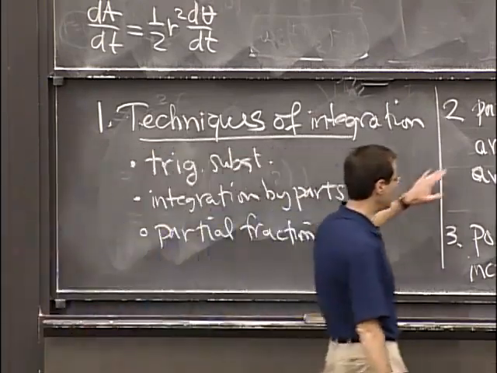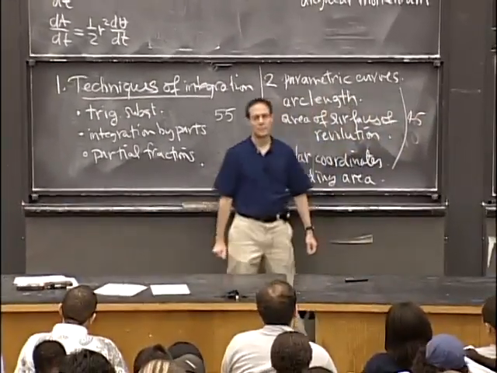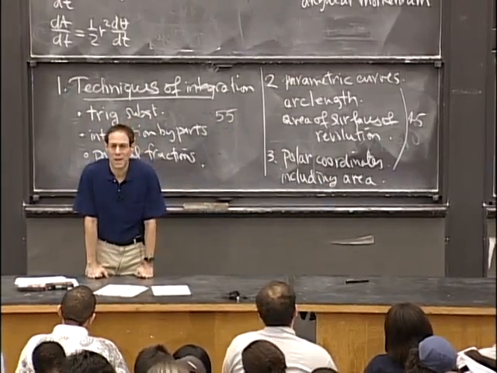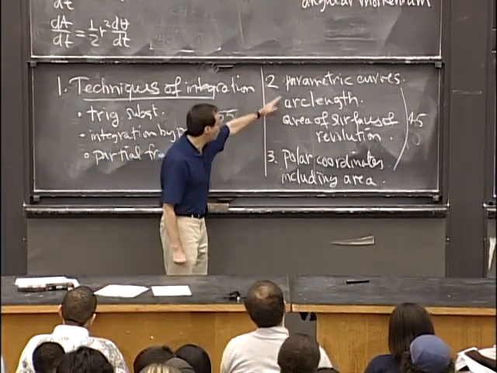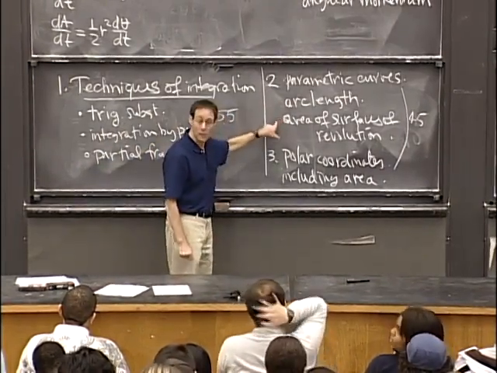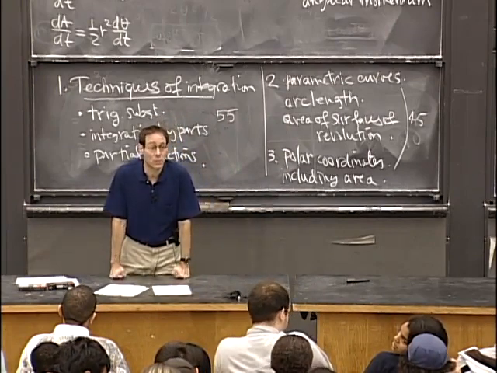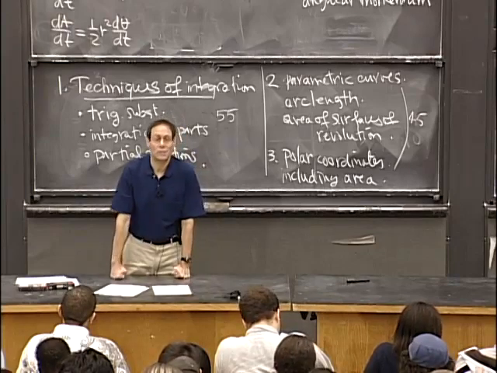This is 55, and this is 45. That's what it came out to be. You are going to want to know about all of the things that I've written down here. You're definitely going to want to know, for example, surfaces of revolution, how to set those up. Yes? There was another question I saw over here.